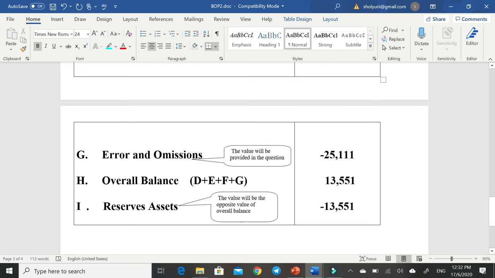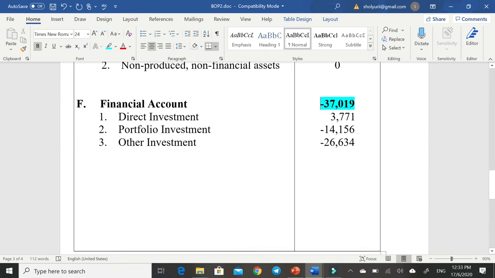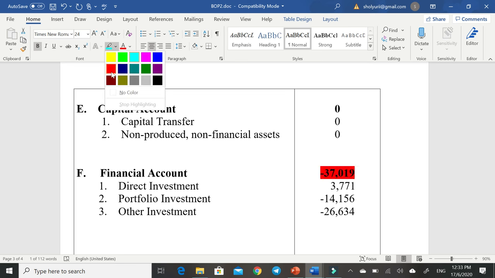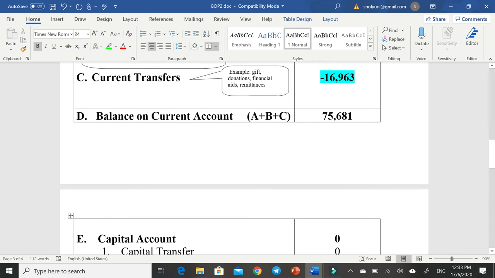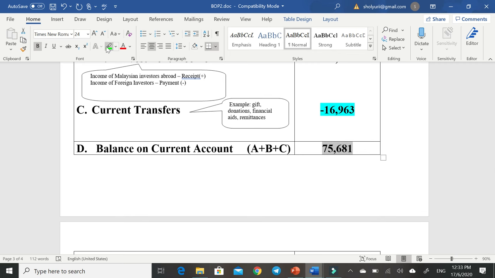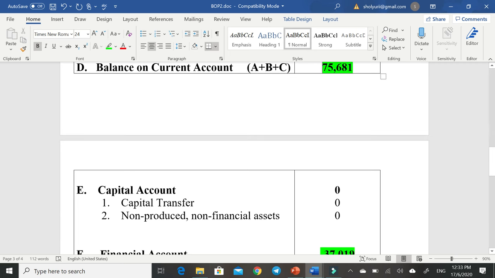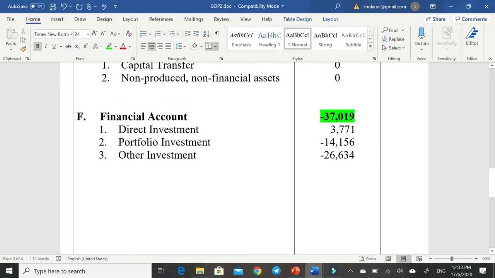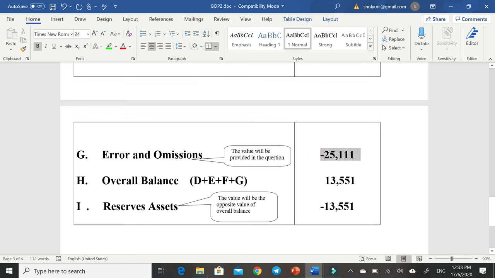Okay, so how do we get the overall balance? I think I need to change color for this one. This one, the green, balance of current account, because this is empty, there is nothing. This is the financial account figure, plus green error and omission, then you will get this value, the overall balance.